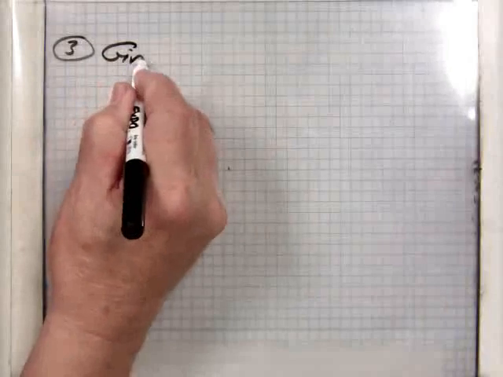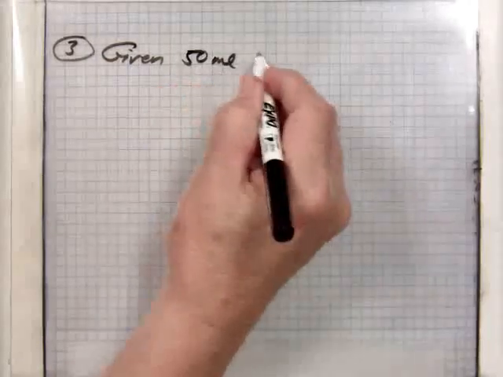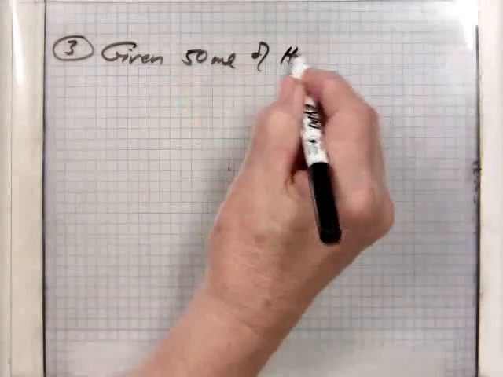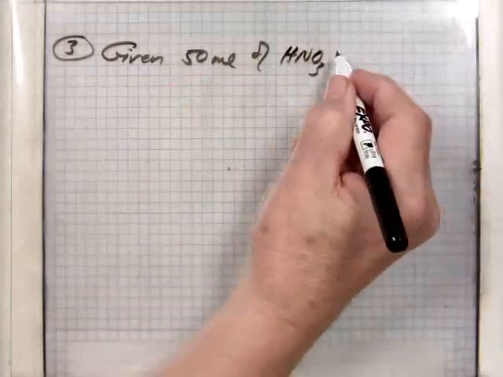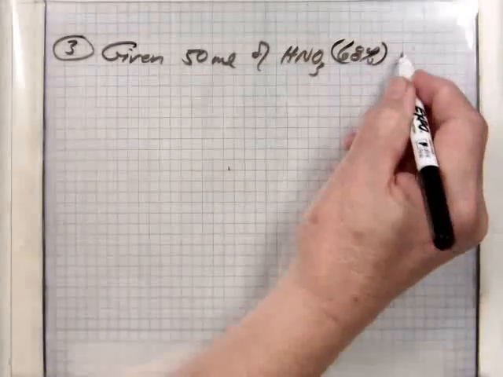Now we're given 50 milliliters of HNO3, 68% stock.